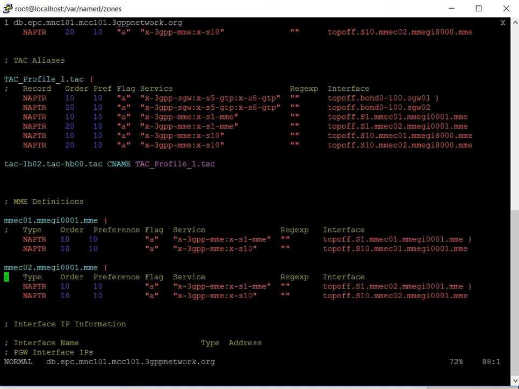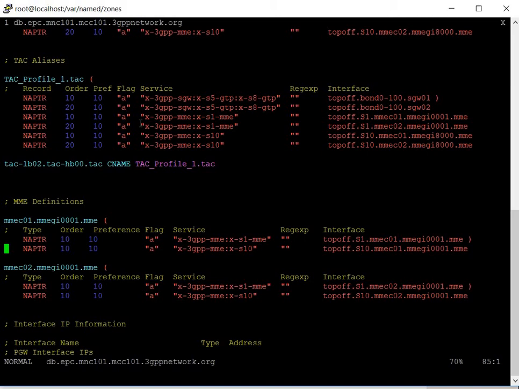Next up is MME definitions. Here I'm defining two MMEs, MME 1 and 2, by their MME code numbers. And all I'm really doing for these is defining X10 or S10 and S1 service information. You might be thinking, well, wait a minute, if you convey and configure MME information in tracking areas, why do I need to define them in an MME configuration?